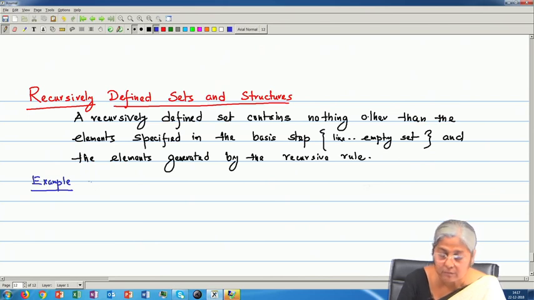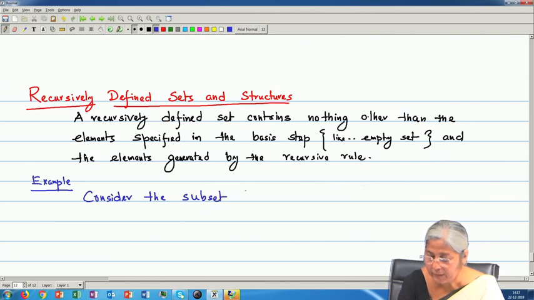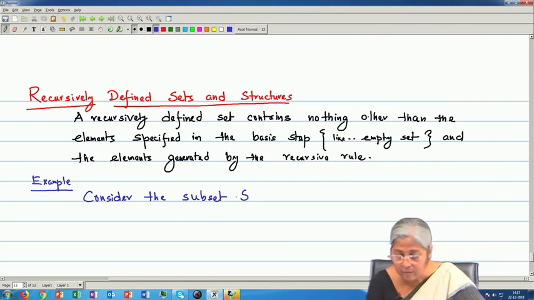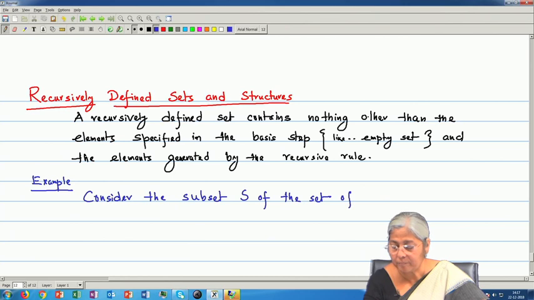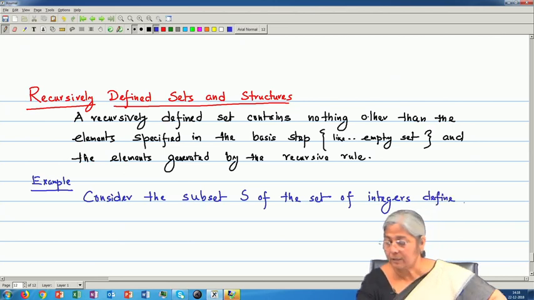So, consider a subset S of the set of integers defined recursively as follows.